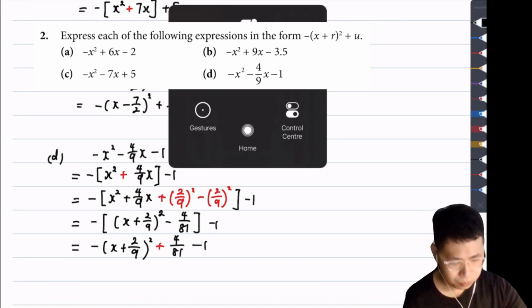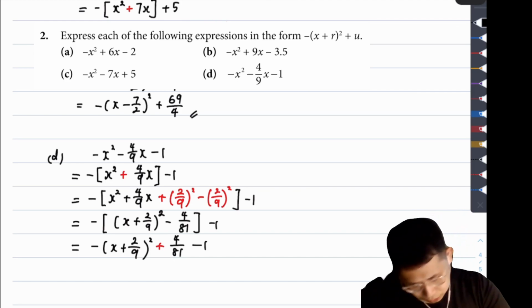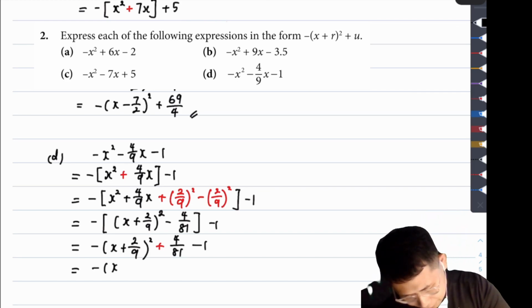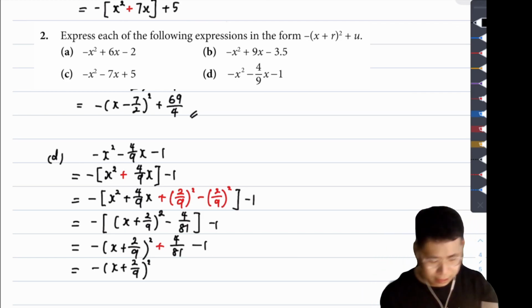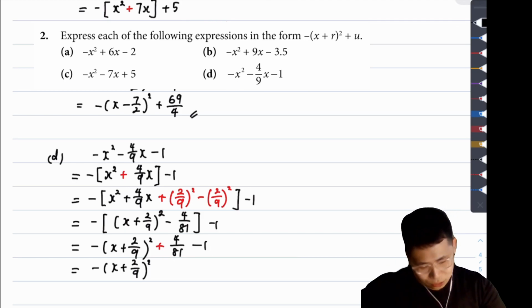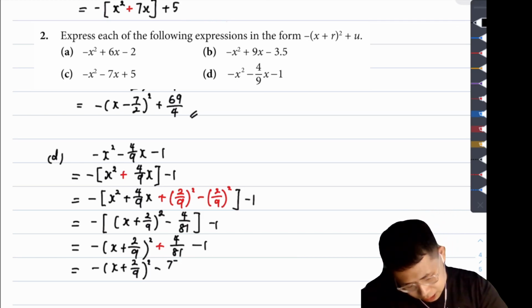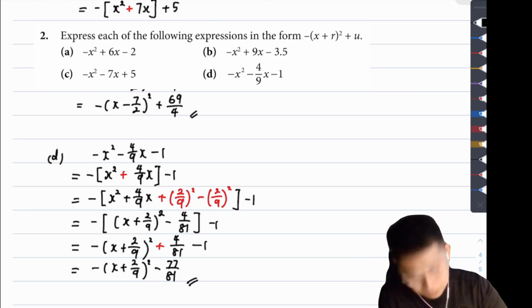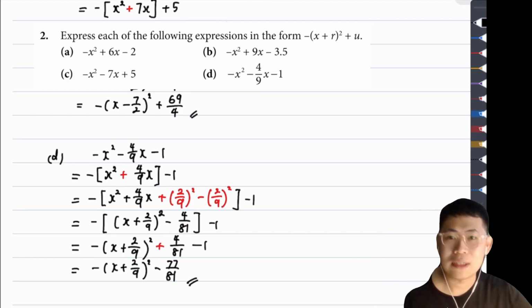Last but not least, the last step: x plus 2 over 9 squared, then I will have my 4 over 81 minus 1. So here would be a 77 over 81. So there goes our part D.